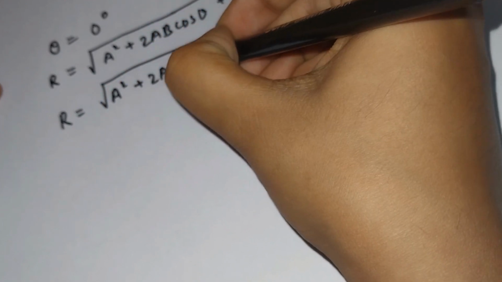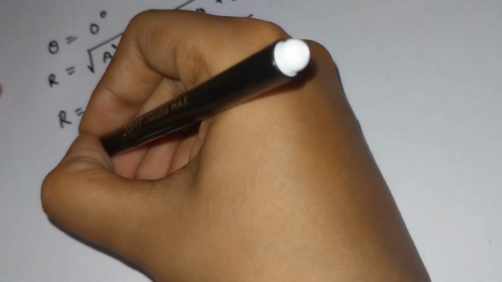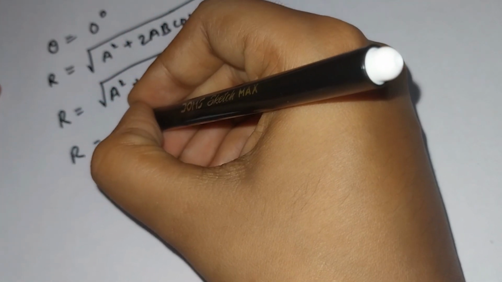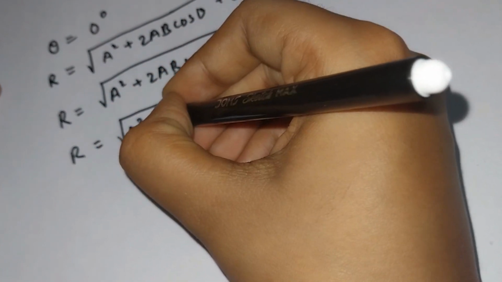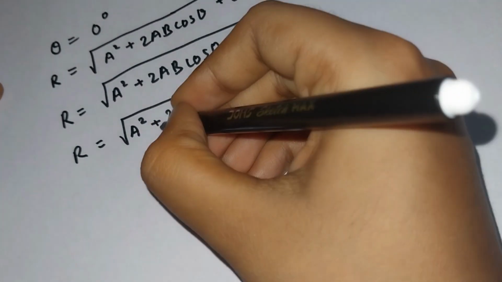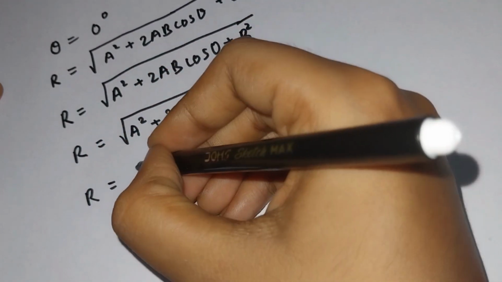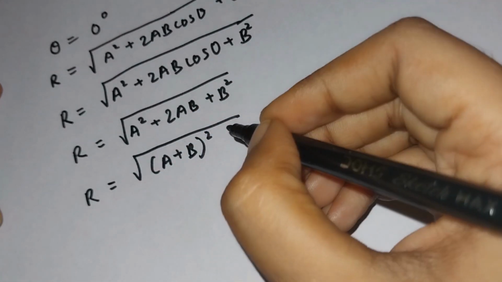So r is equal to, when theta is 0 degree, a square plus 2ab cos 0 plus b square. Cos 0 is 1. So this one will become a square plus 2ab plus b square. Now this can be written as a plus b the whole square. So the resultant is equal to square root of a plus b the whole square.